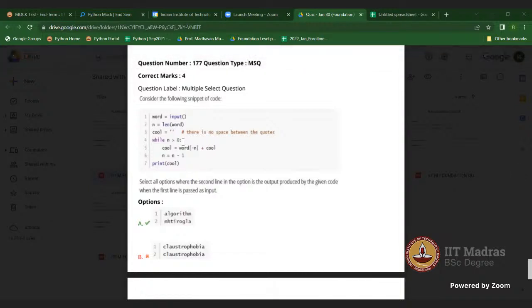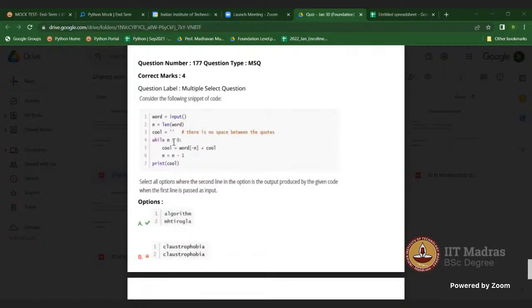Okay. n equals length of word. While n is greater than 0, cool equals word of -1 plus cool, and n equals n minus 1. So word of -1, what will that be initially?